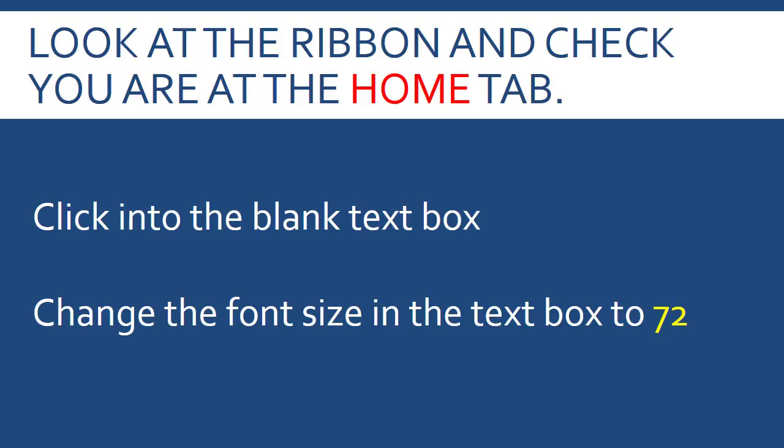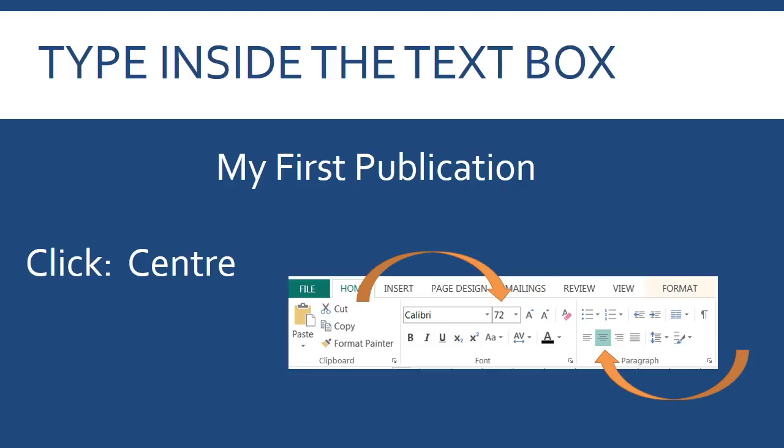So I'd like you to look at the ribbon and check that you're on the Home tab now. Click into the blank text box that you've just created and change the font size in the text box to 72. You can see here on the ribbon how you would change the size to 72 just by using the font group.